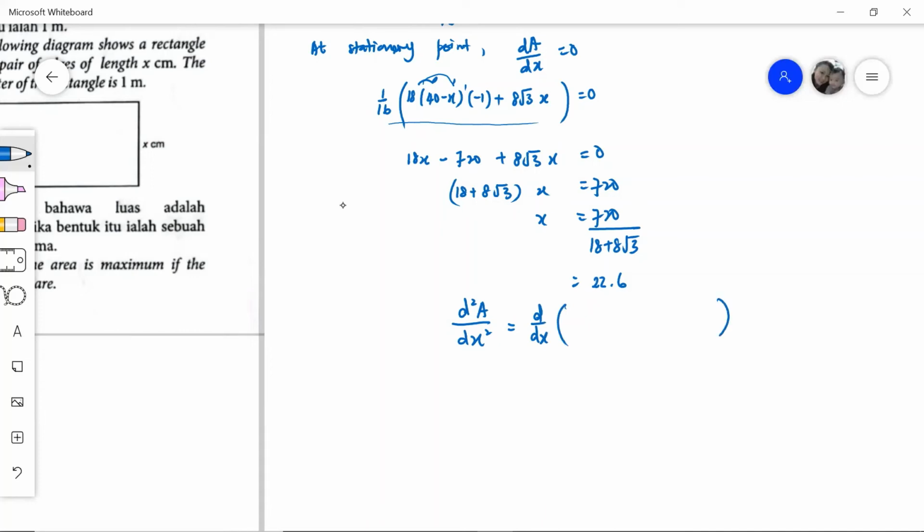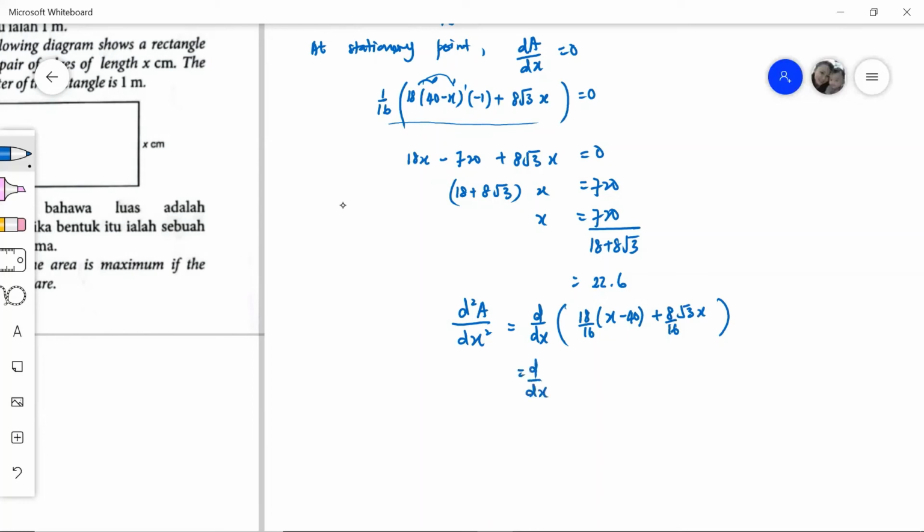So we have 18 over 16, 40 minus x, multiply the negative in, so we will have x minus 40, and then plus 8 over 16, sin 3 of x.